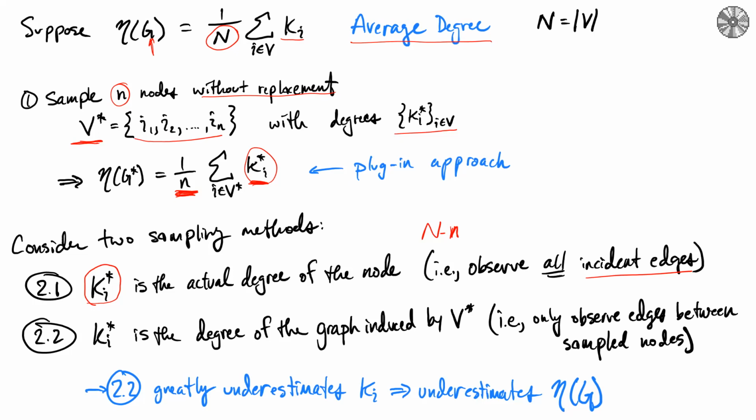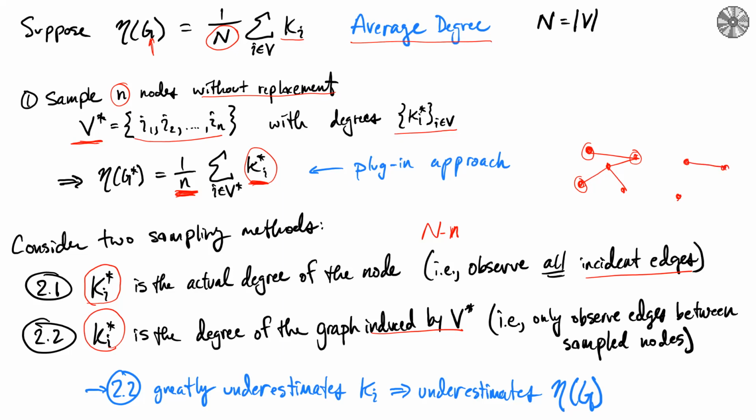But let's compare that with another sampling method, which is where we only see the degree of the induced graph. So remember, induced graph means that if we have some nodes and we only pick a subset of them, say this one and this one, then the induced subgraph in that case will be just like this.